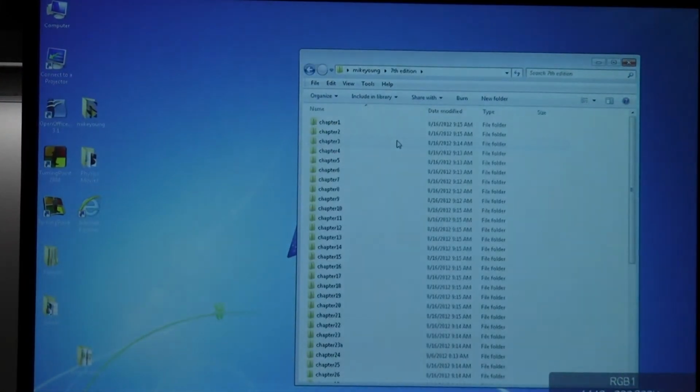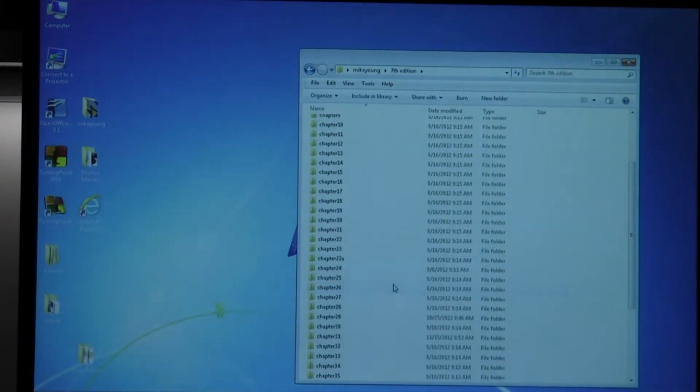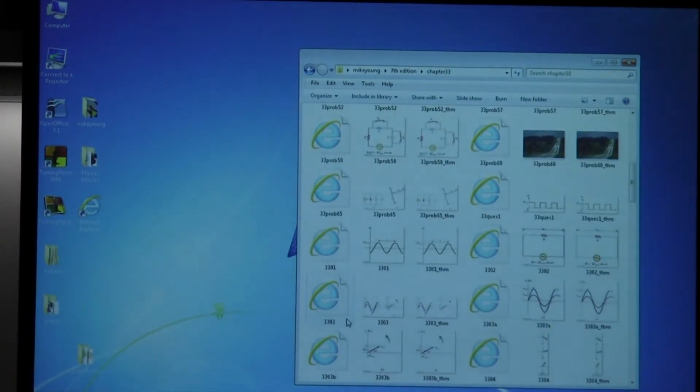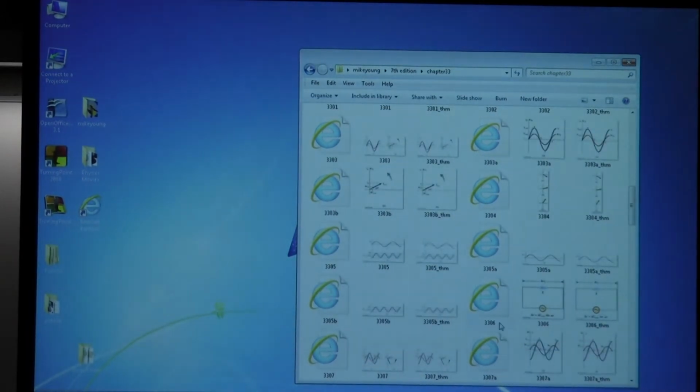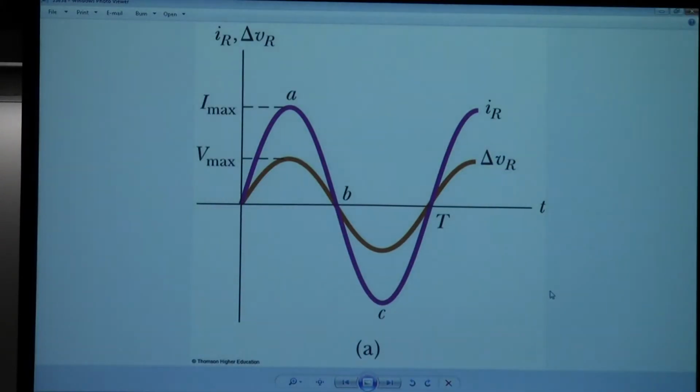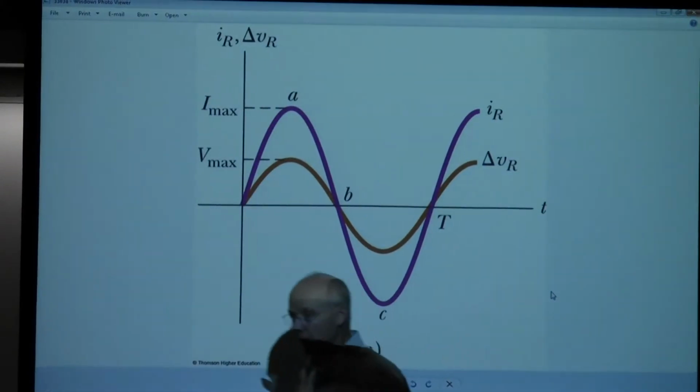Let me open this chapter 33 and give you kind of, I don't know if math lesson is the right word, because my colleagues in the math department would probably shoot me if they heard that. So I don't want anybody to say I'm teaching you any math.